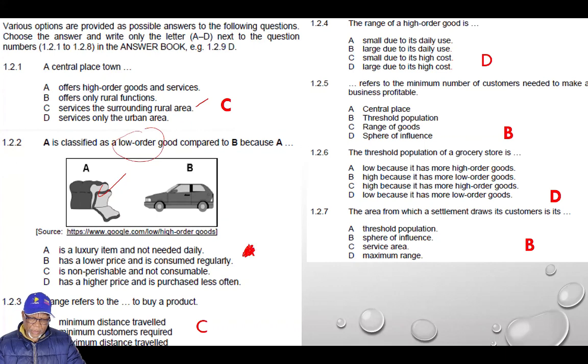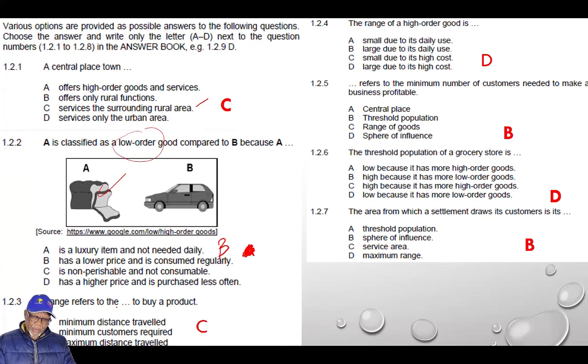This one is not correct. It has a low order price and is consumed regularly, is non-perishable and not consumable, has a higher price. So the correct answer here will be it has a lower price and is consumed regularly. So the correct answer here will be B.